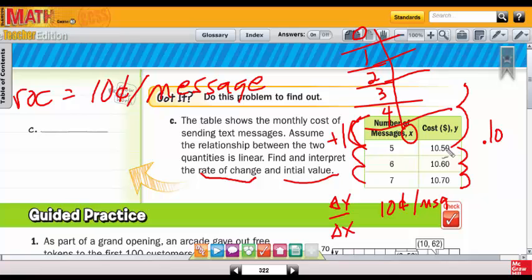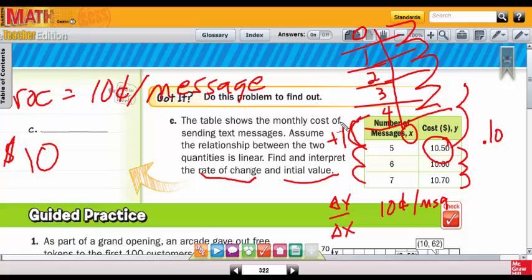Okay, we would go back to here. We would subtract 10, 20, 30, 40, 50 cents. So if we subtract 50 cents from $10.50, we can see that our initial value would be $10.